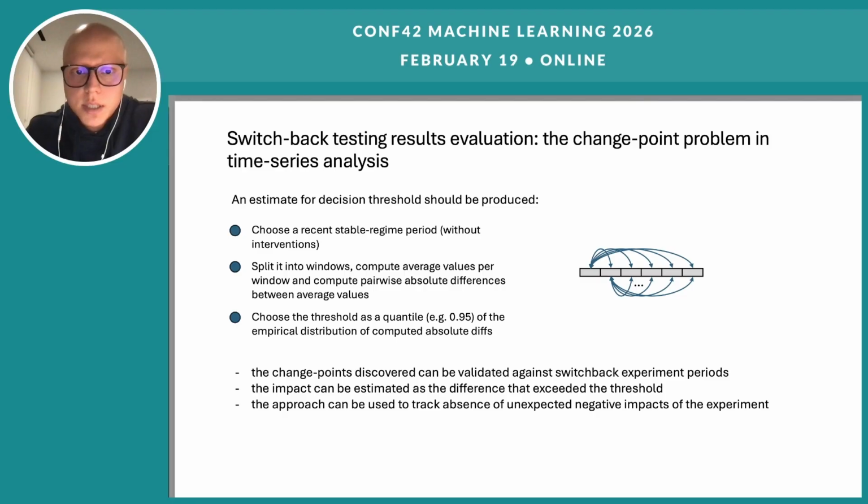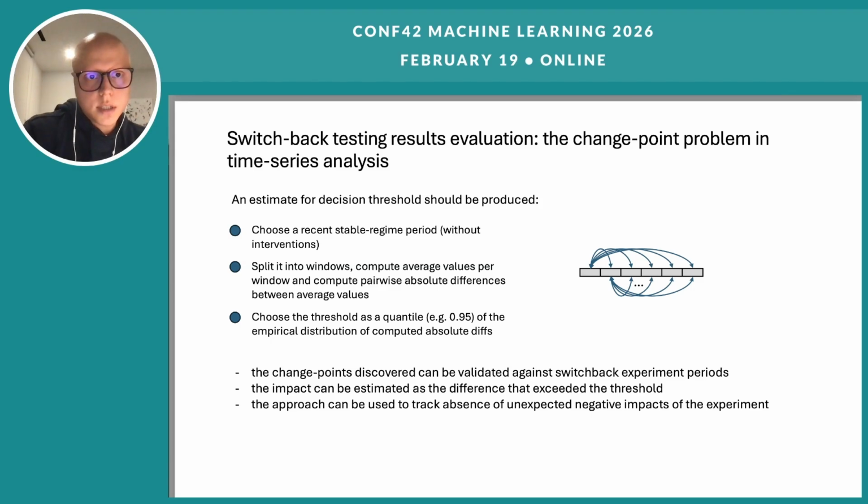And the impact estimation, if you use that algorithm, is also quite simple, and it's just the difference that turned out to exceed the threshold. And at the same time, what is important is that you can maintain a monitoring system over multiple different characteristics of orders, which can also track absence of any negative impacts produced by your intervention, produced by your experiment.